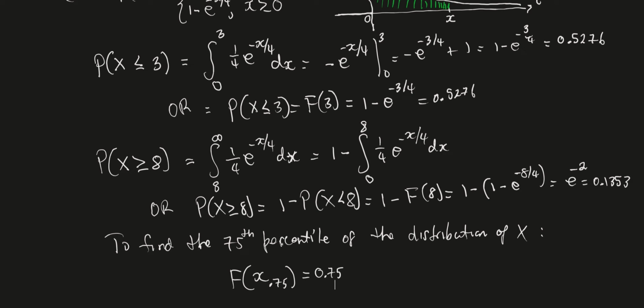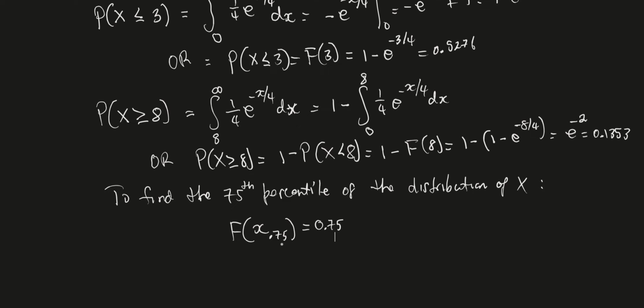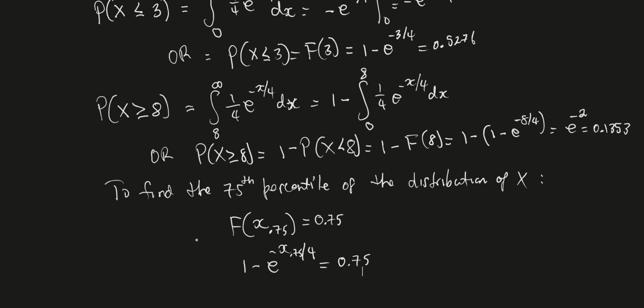So take the CDF, which is 1 minus e to the negative x sub 0.75 divided by 4, and that is equal to 0.75. It's a little bit messy if you use the formal notation for your percentile, but if that doesn't bother you, go right ahead.